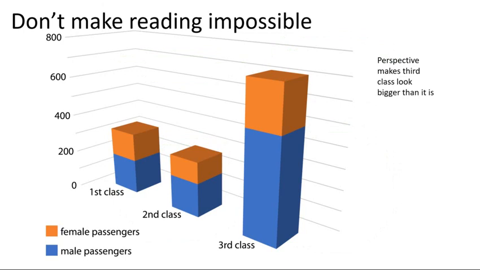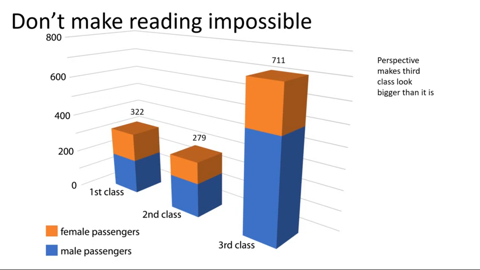First of all, the perspective makes third class look bigger than it is. This is Titanic data again. Female passengers relative to male in first, second, and third class. One of the problems here: if I asked you what you think the total number of first class passengers was, or third class passengers? What would you say? 680, maybe, third class passengers?